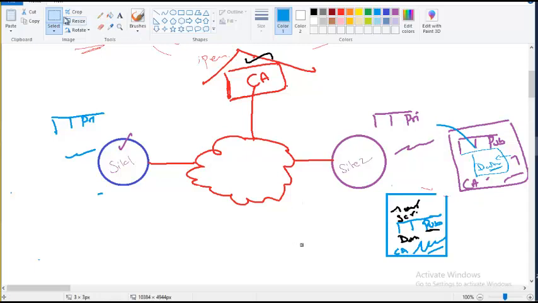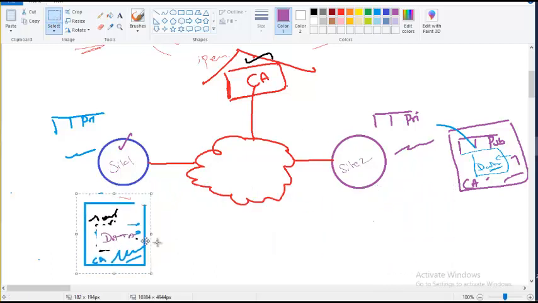Likewise, the data on the other side is encrypted by this public key and it is sent to the other side. And now only this private key can decrypt it.